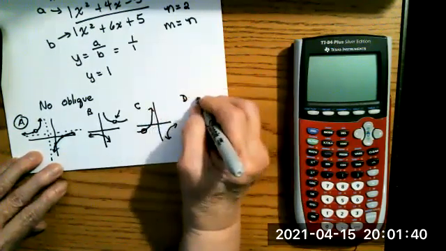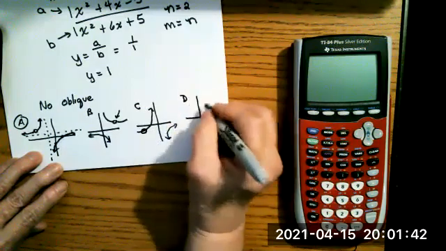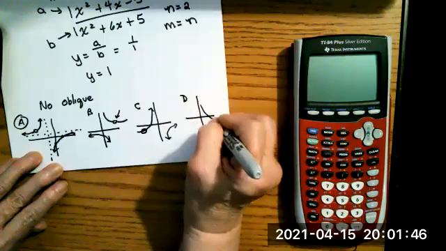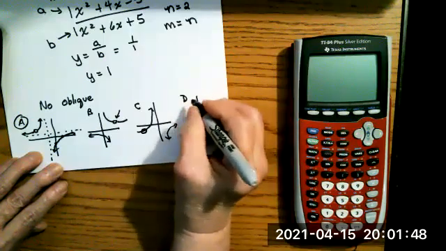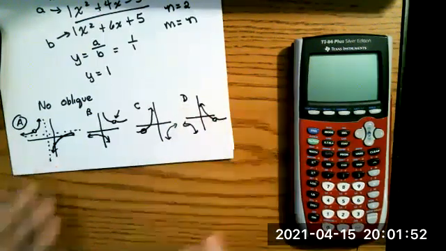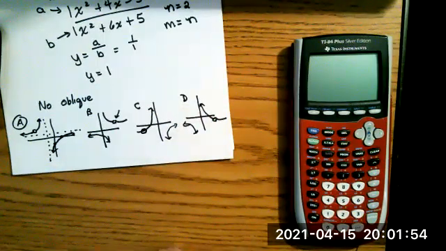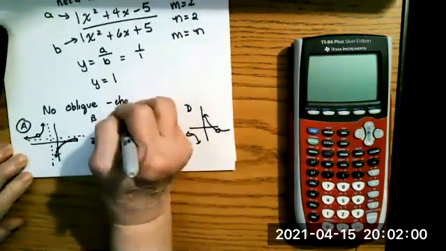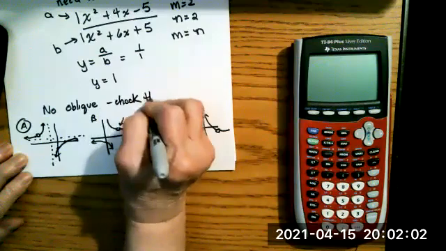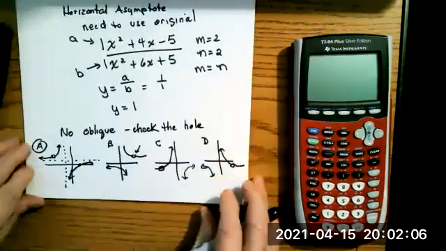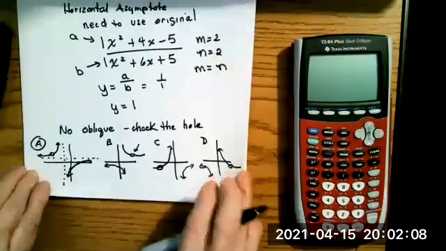And D is the same thing, but it has a hole in the graph down here. So the hole in the graph was the whole reason to be able to figure out which graph it was in this one. So be careful on these graphs for this one. Check the hole for this one to be able to know which one is the right graph.